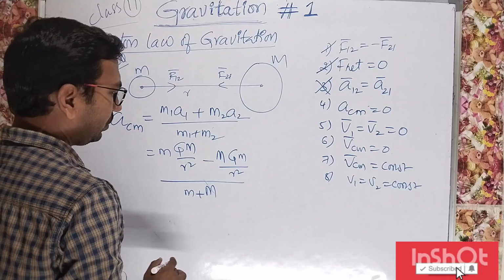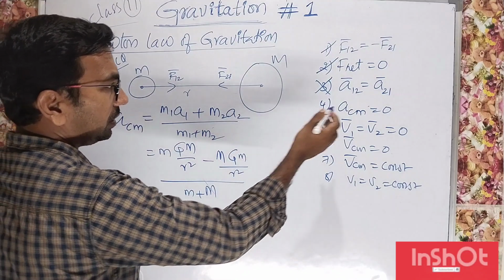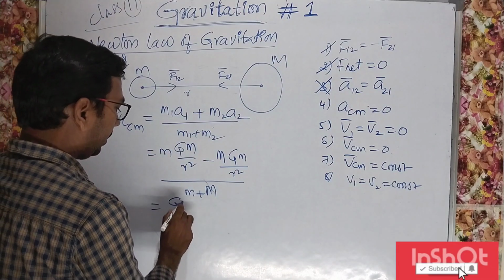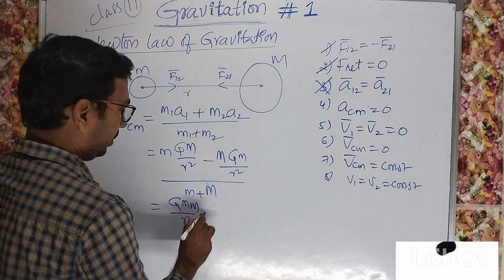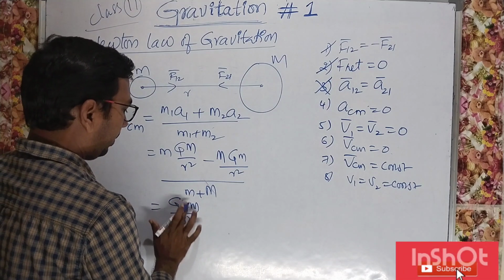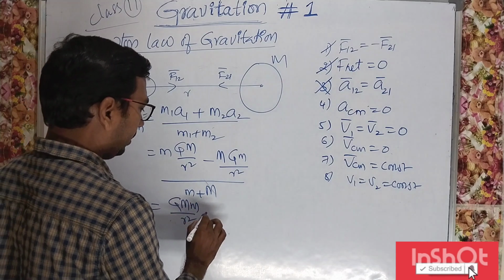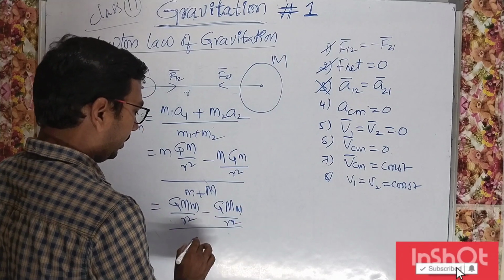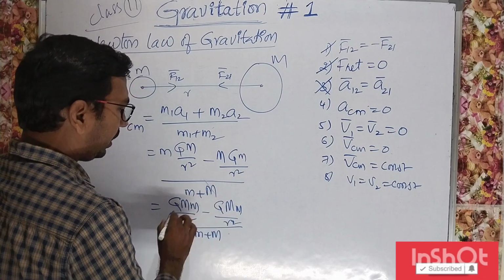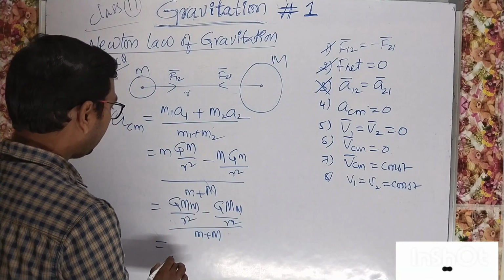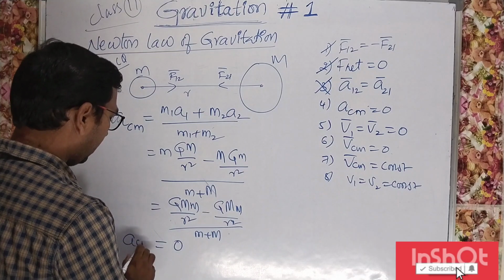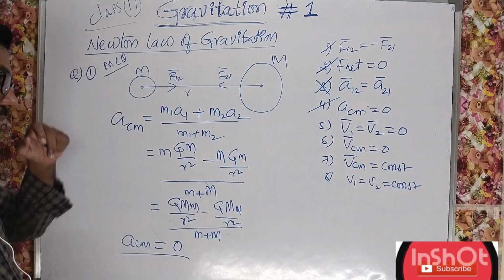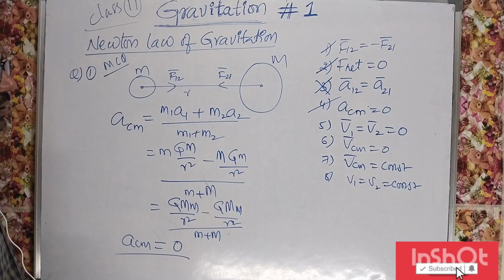So in the numerator we get capital G, capital M, small m by R square minus capital G, capital M, small m by R square, divided by small m plus capital M. These both are equal, so the acceleration of center of mass is 0. ACM is equal to 0. Next you can see the velocities are 0.